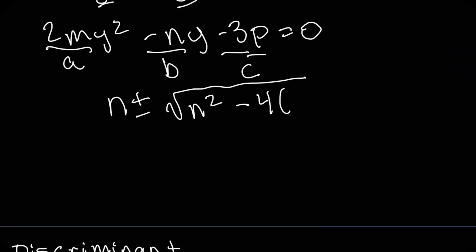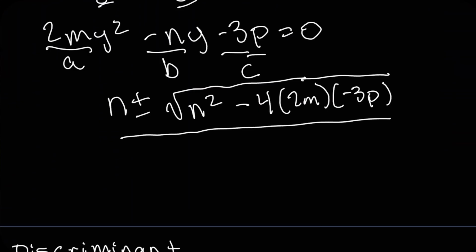What is a? A is 2m, and then c is negative 3p. Then we'll take that and divide it by 2a, which is 2m.